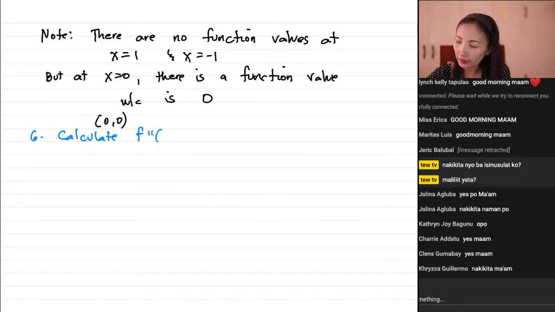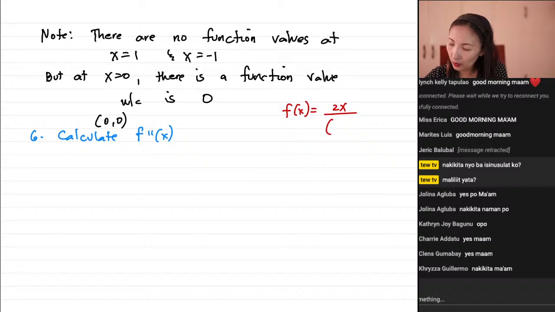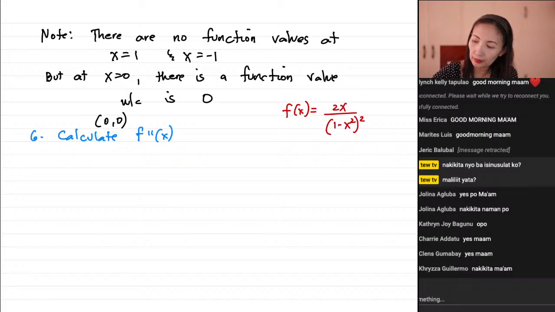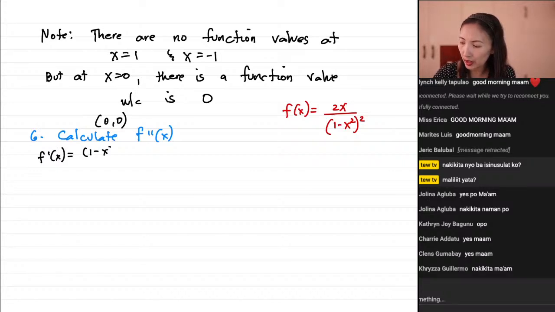F prime of x from our previous step is 2x over 1 minus x squared, squared. So, f double prime of x is the denominator 1 minus x squared squared times the derivative of the numerator, minus the numerator 2x times the derivative of this, applying the generalized power rule.